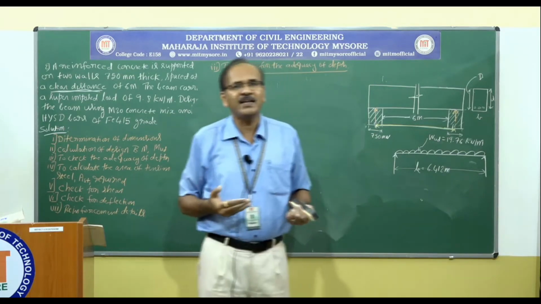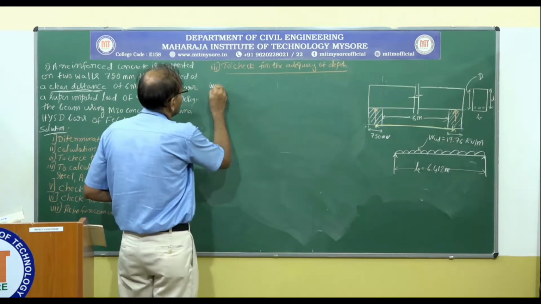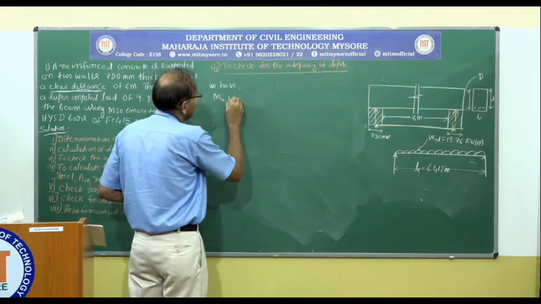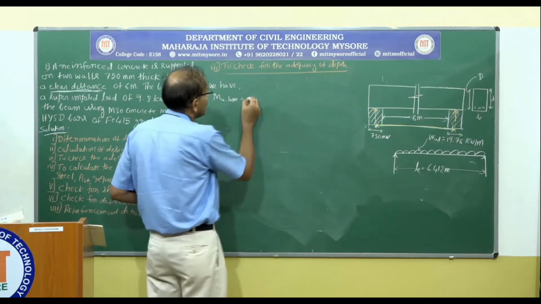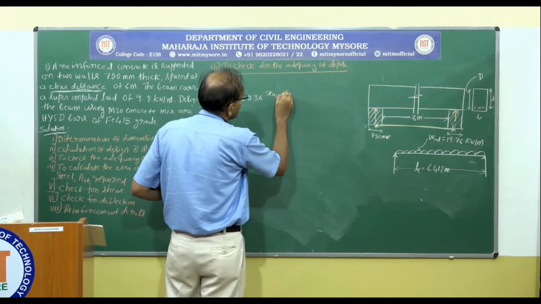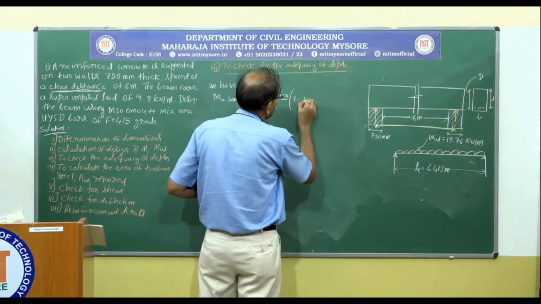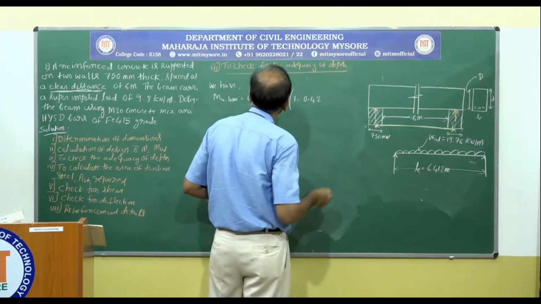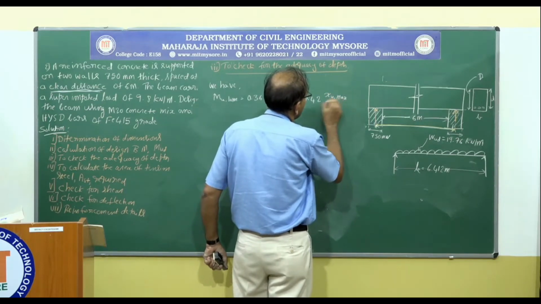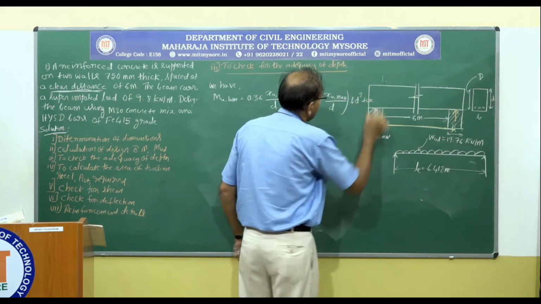If you open page number 96 of the code book, we have MU limit equal to 0.36 XU max by D, 1 minus 0.42 XU max by D multiplied by BD square FCK.